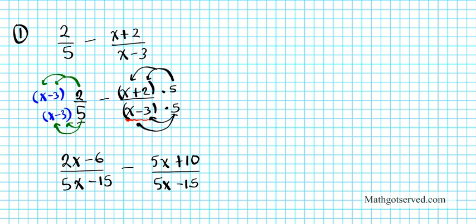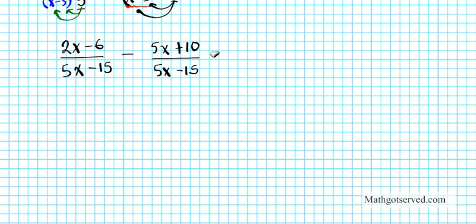Alright, notice that our denominators are both the same, so that basically tells me that the LCD of this fraction is 5x minus 15. Now that we have the lowest common denominator, we're going to combine the two denominators into one, and then we're going to resolve the numerator.